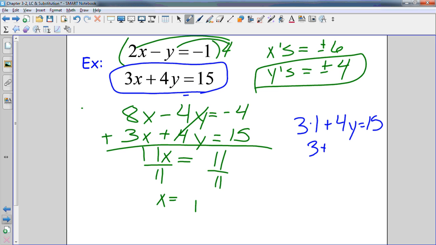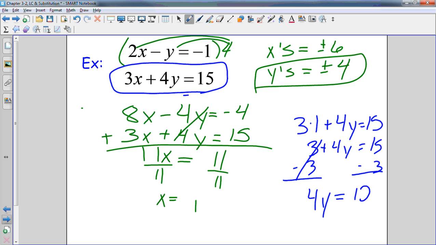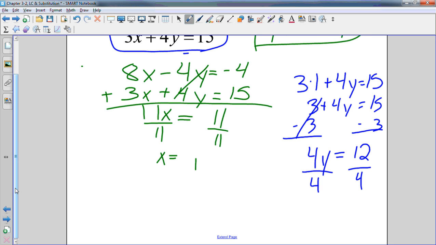So I have 3 plus 4y equals 15. Subtract 3. 4y equals 12, divide by 4. Y equals 3. So what's my point of intersection? 1, 3.